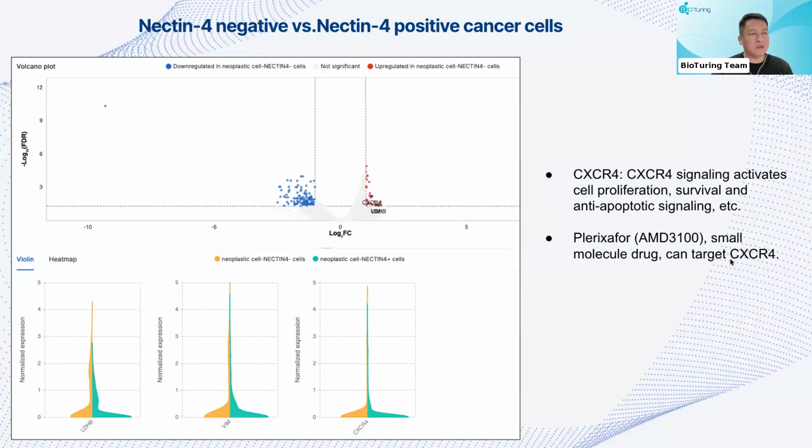So that is maybe one suggestion that CXCL4 can be the target for the cells which are Nectin-4 negative. So we can cover both Nectin-4 positive cancer cells with ADC and Nectin-4 negative cancer cells with the small molecule drug.